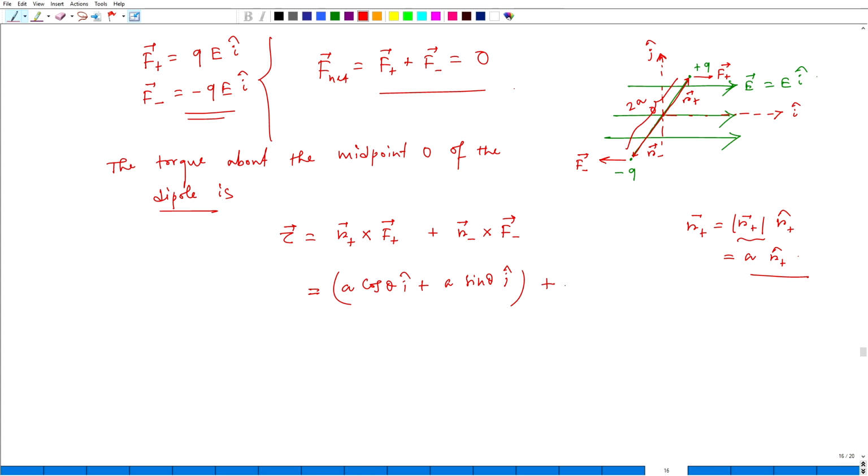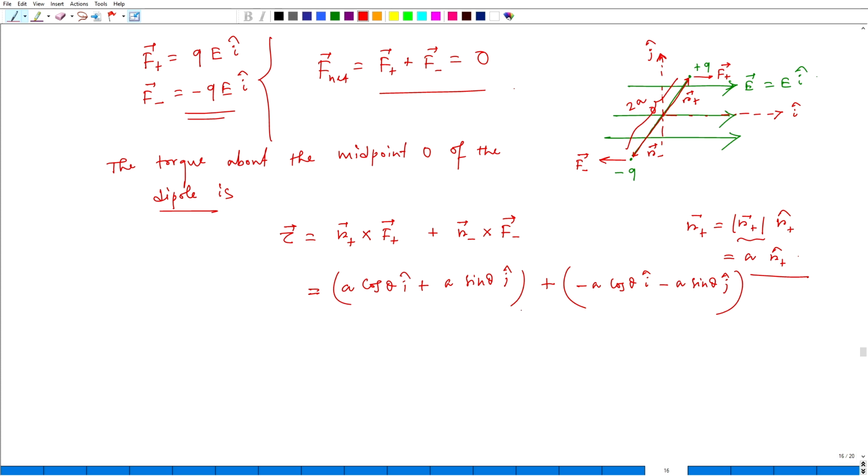Similarly, for the other case, r minus vector is minus a cos theta i cap minus a sin theta j cap. Oh no, there is an F vector also there.